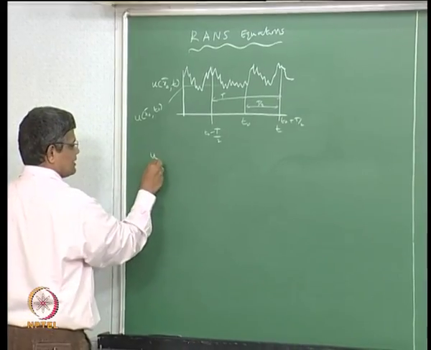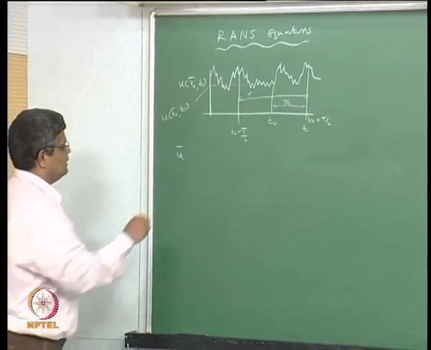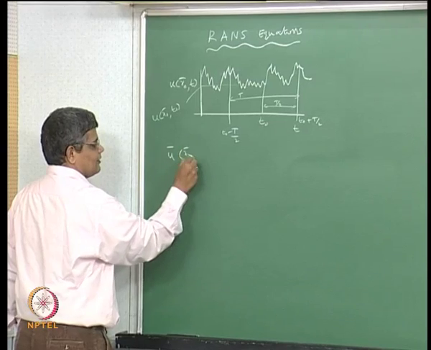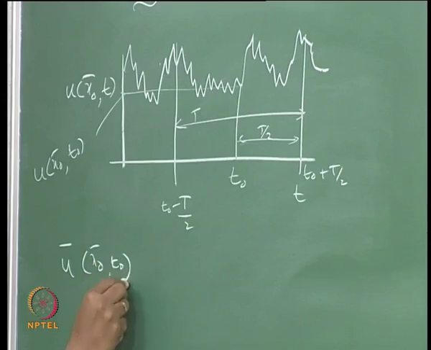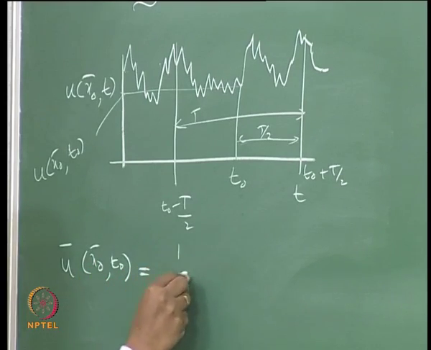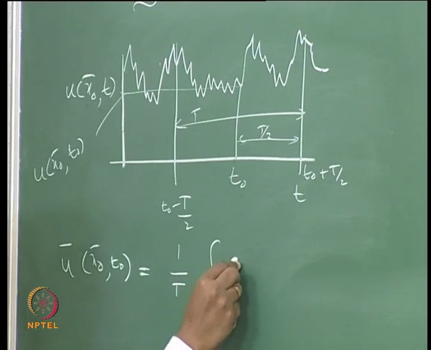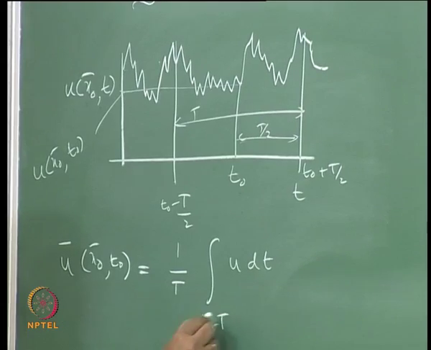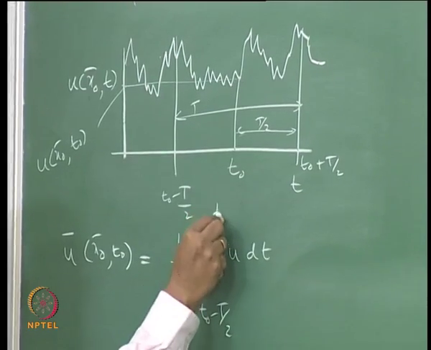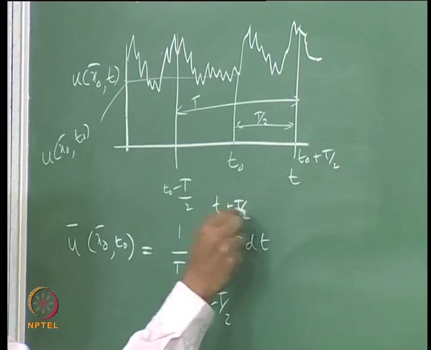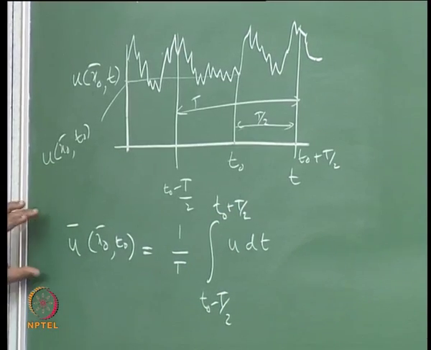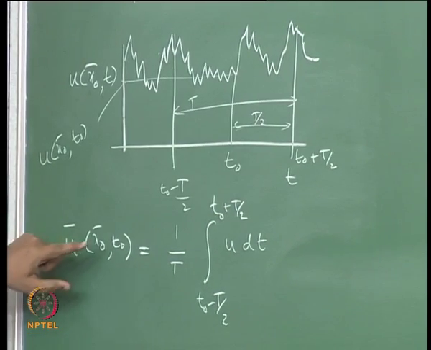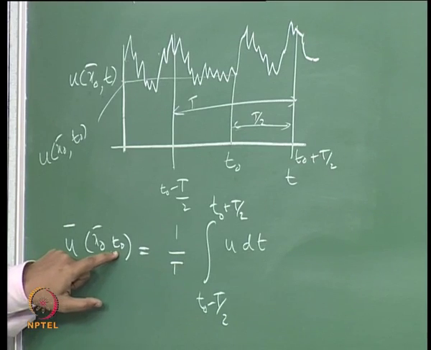and the time average velocity denoted by u bar at x0 t0 is written as 1 by T of integral of u dt between t0 minus capital T by 2 to t0 plus capital T by 2. So this is the average velocity that we obtain at t0.